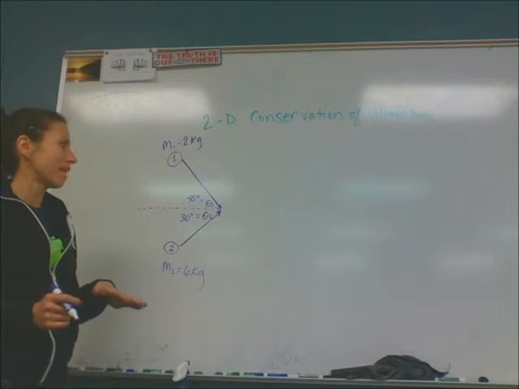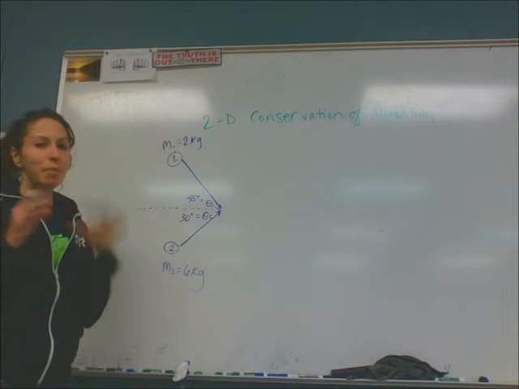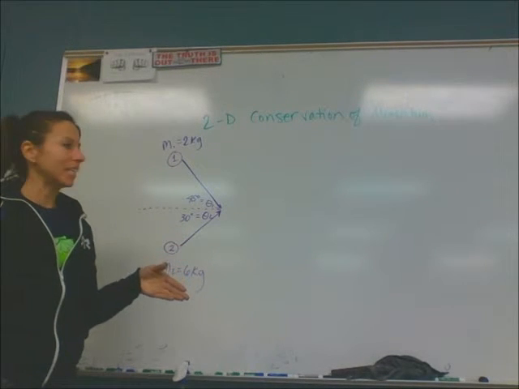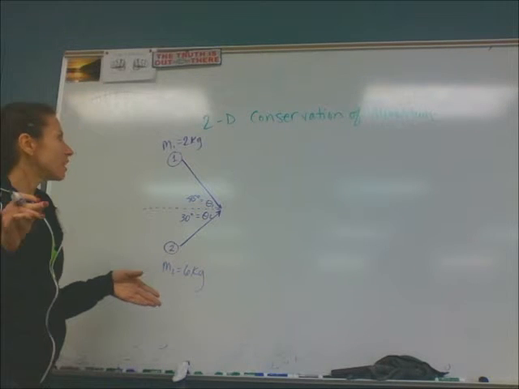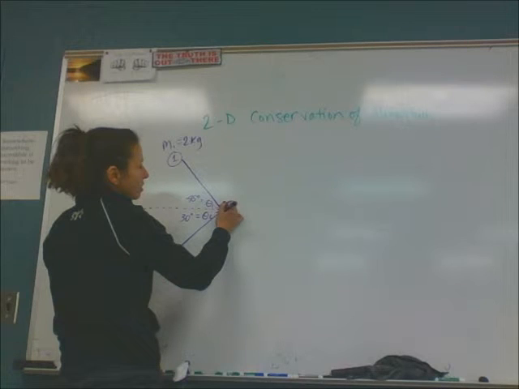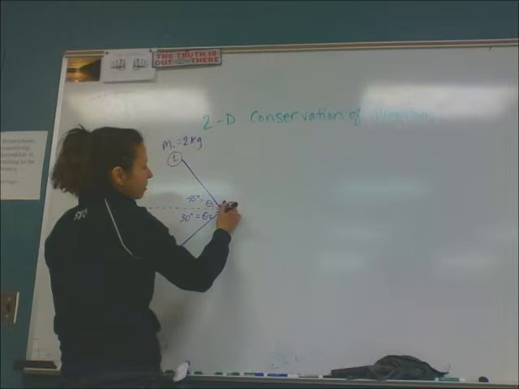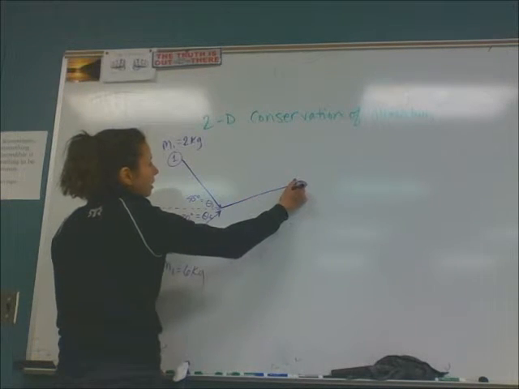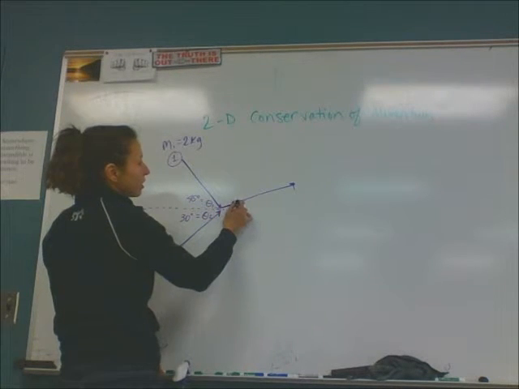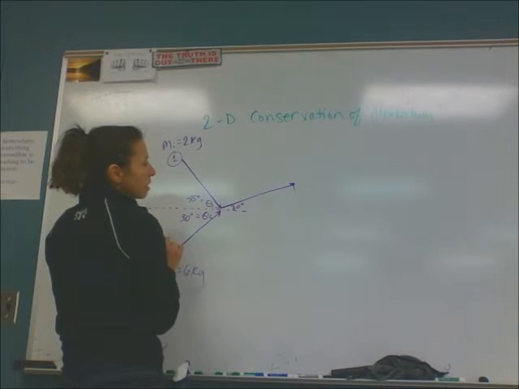And what happens is M1 bounces off at an angle of 20 degrees, and it bounces off with some velocity that we don't know, so we'll call it V1.